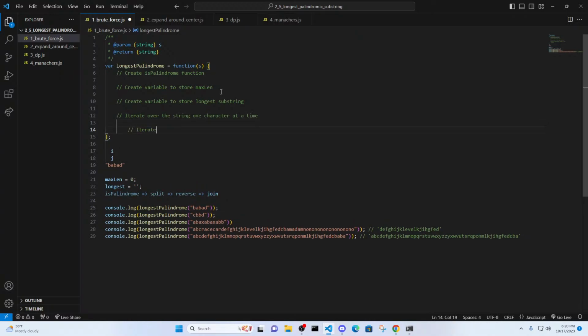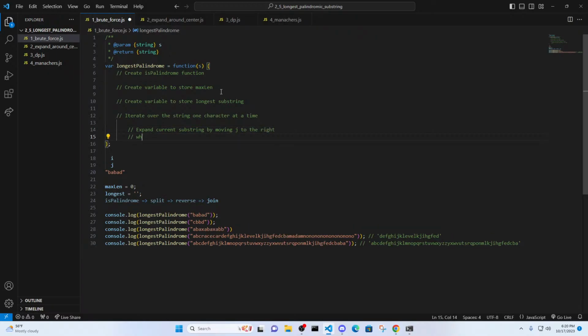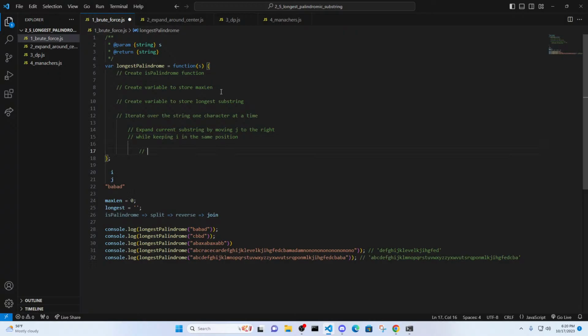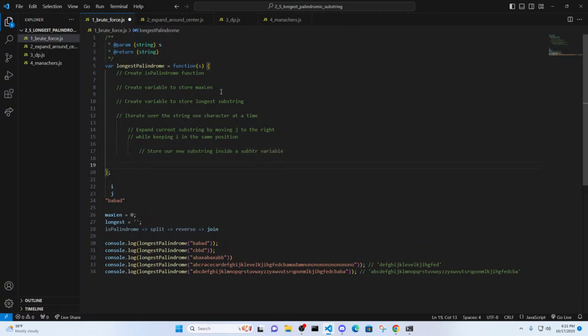Then we'll expand the current substring by moving J to the right while keeping I in the same position. Once we're inside of J, we're going to store our new substring inside a substring variable.